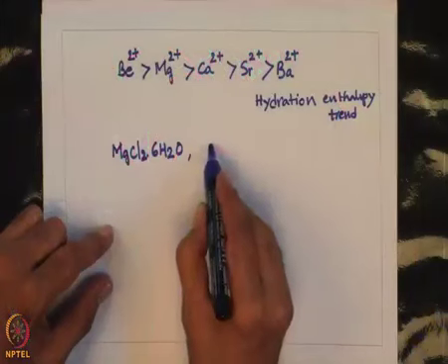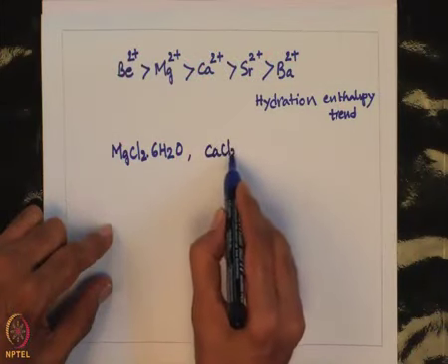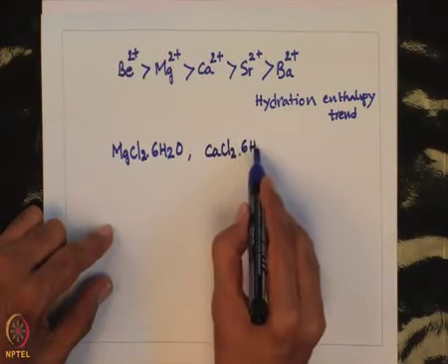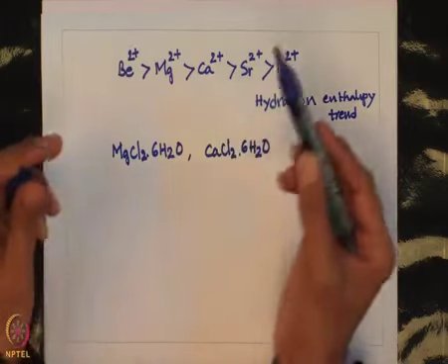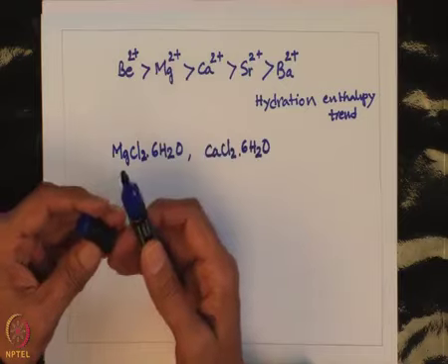If you recall lithium chloride, that is dihydrated, that means it has 2 molecules of solvated water, whereas magnesium chloride has 6 molecules of solvated water, and the same thing is true with calcium also. If you compare those with sodium and potassium chlorides, they do not form such hydrates.